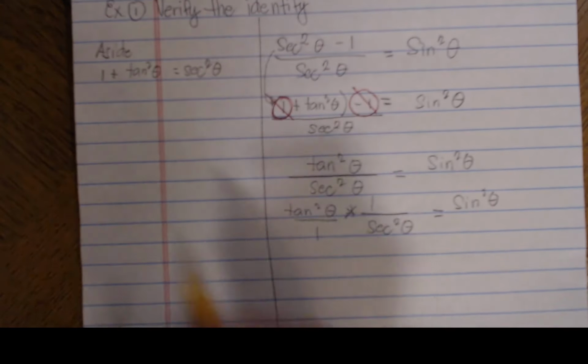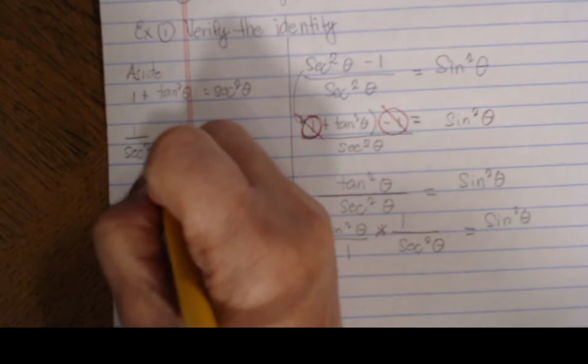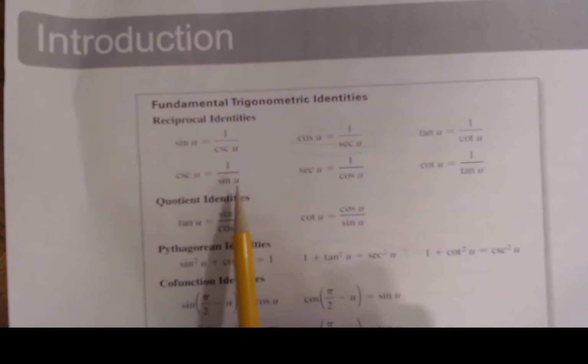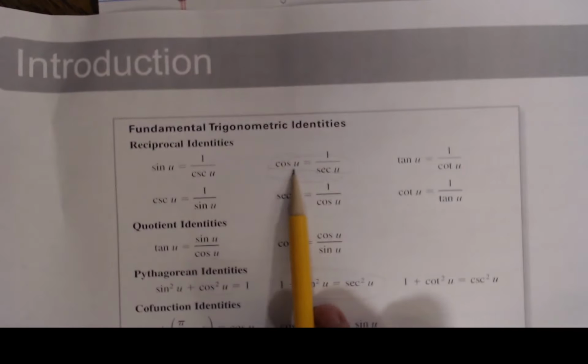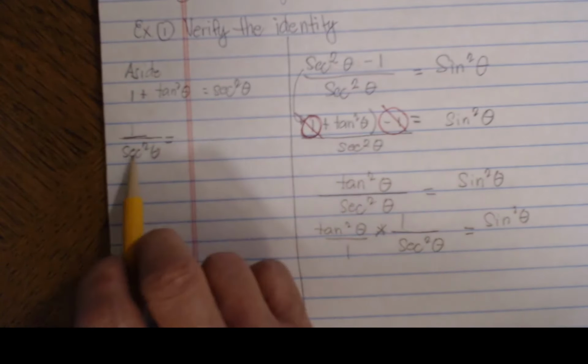And now 1 over secant squared theta, you know that 1 over secant is equivalent to cosine. So if I have 1 over secant squared, I will get cosine squared.